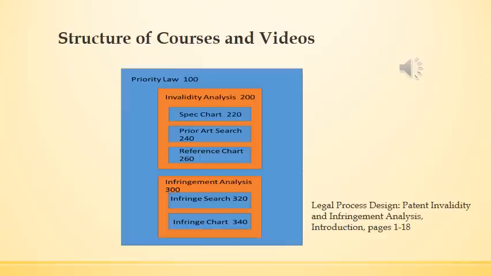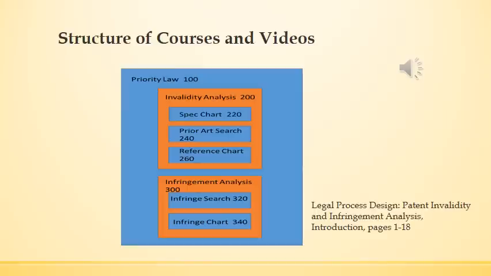Also, is it entitled to an earlier foreign date or provisional date based on Section 119? Is it entitled to some priority based on Section 365 and what have you? That's what priority law is primarily concerned with.